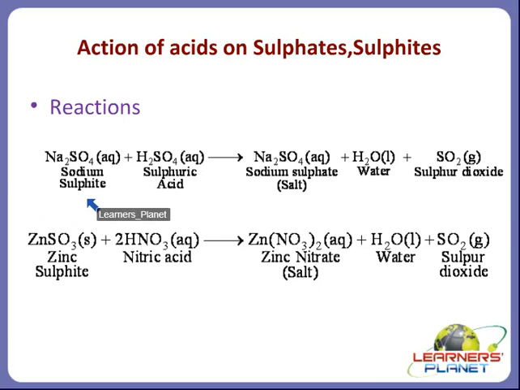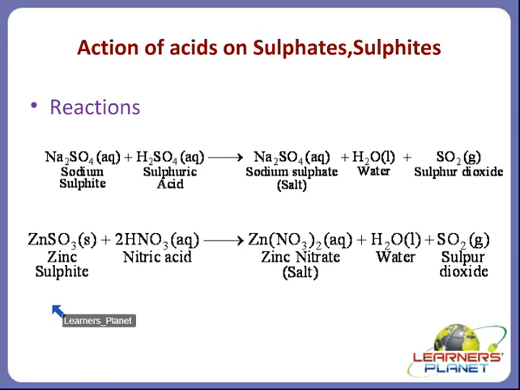Like sodium sulfate reacts with sulfuric acid, forming sodium sulfate again, water and releasing sulfur dioxide. So here students, don't get confused that there is sulfate in sodium sulfate and there is sulfate in H2SO4. So what should be the product formed? The product formed is the same, because here sodium sulfate will give what type of ion, students?